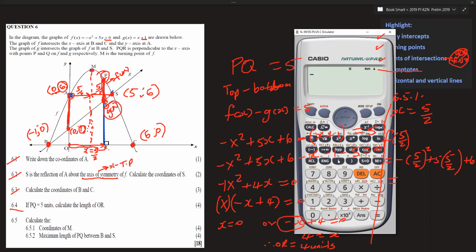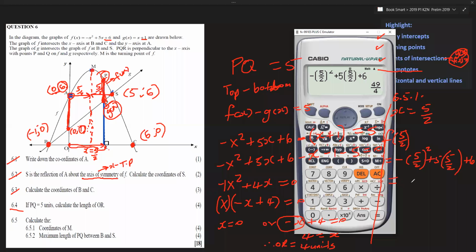So I have negative (5/2) squared plus 5 times 5/2 plus 6, which becomes 49/4.